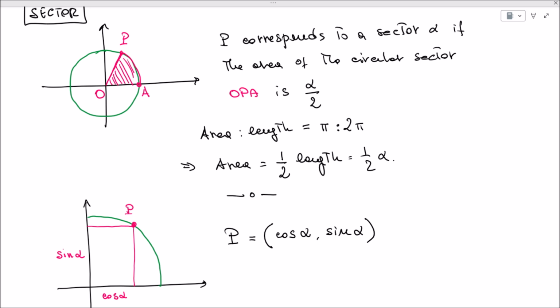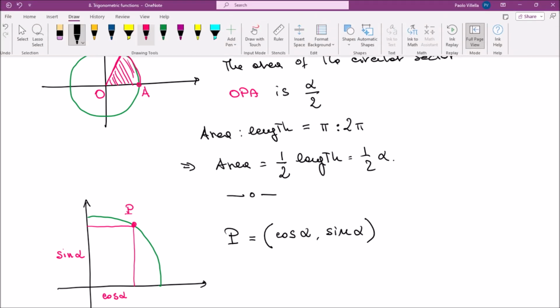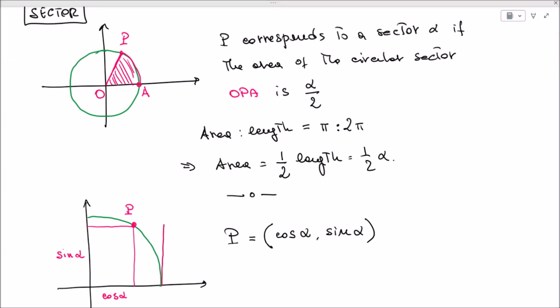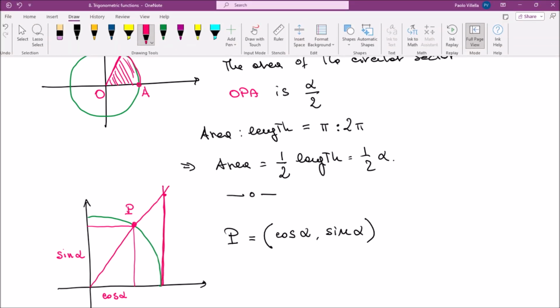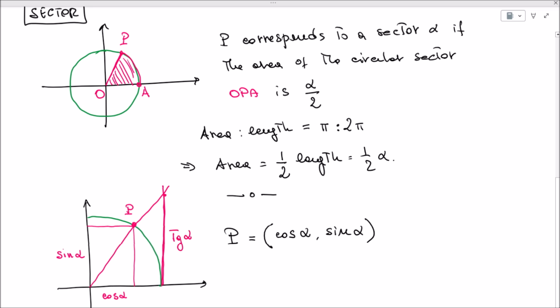We can do more than that, because in fact we can draw the tangent to the unit circle at the point A and find the intersection with the radius passing by P, and we see that this length is what we call tangent of alpha, which is basically the length of this segment, which is intersected by the vertical tangent to the unit circle at the point A and the extension of the radius passing by P.